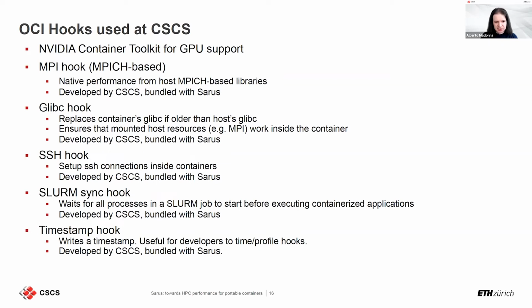We have an SSH hook for connections. We have a Slurm synchronization hook, and finally a timestamp hook for profiling purposes. In this list, the two most interesting hooks are the MPI hook and the NVIDIA Container Toolkit. So I'm going to focus a little bit more on those two.